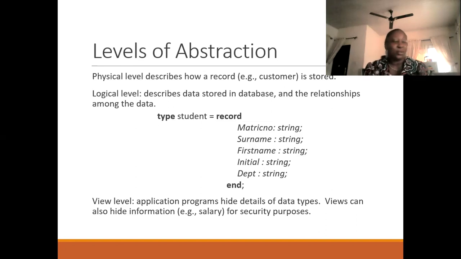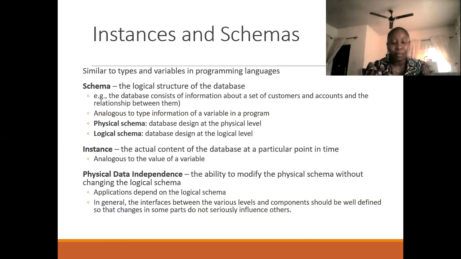So in a student's record, you have to know the student's matriculation number, the student's surname, the student's first name, his initials, his department, and all of that, okay? So that's talking about the fact that data can be seen at different levels of abstraction, okay?